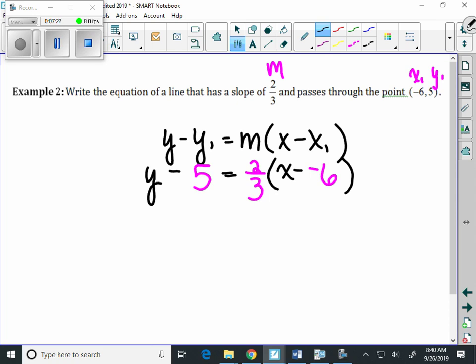I'm told that the OST test accepts the answer in that format. Oftentimes what you see me do, however, and it's probably because I'm an algebra teacher, for the most part, is what happens when we have two negatives together? It becomes positive.